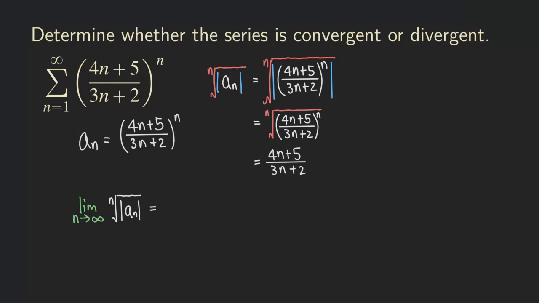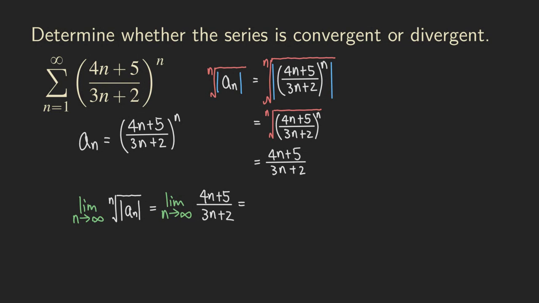Now that's equal to the limit of basically just this expression, because we did that simplifying here already. So we are going to get 4n plus 5 all over 3n plus 2. Okay, so we all know how to calculate this one.